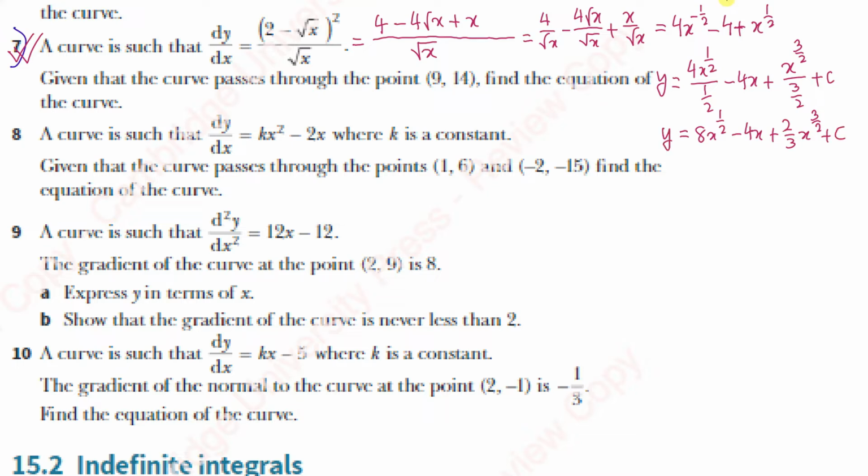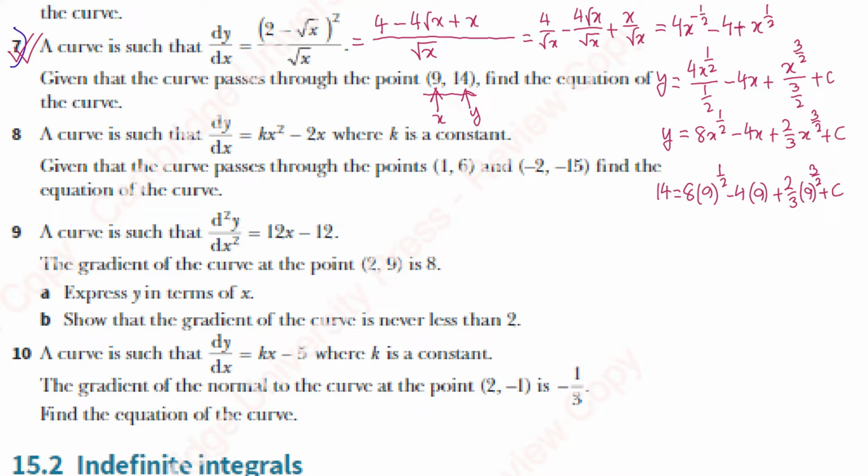So now put the values of x and y, which is x equals 9, whereas the y value we're going to put here is 14. So put the values of x and y. 14 equals 8 into 9 to the power half, then 4 into 9, then plus 2 by 3 into 9 to the power 3 by 2 plus c.